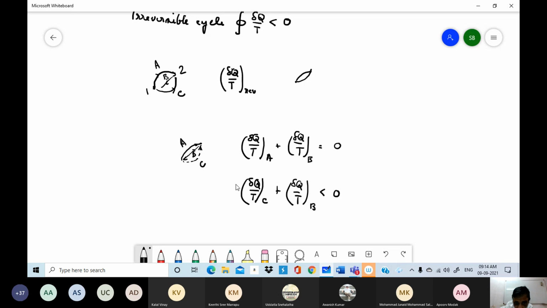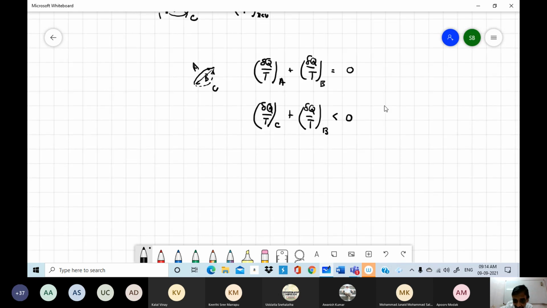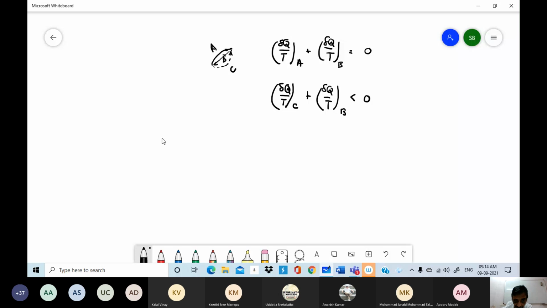It means that this quantity must be less than this. And this argument uses the fact that path A is reversible while path C is irreversible.